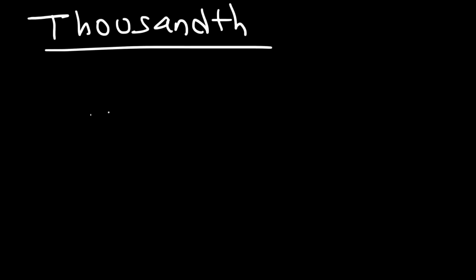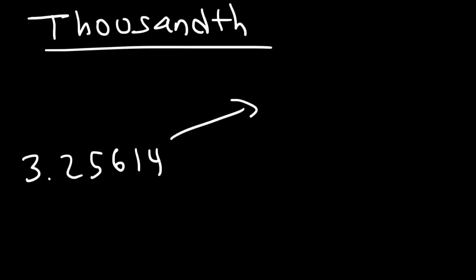Now what if we wanted to round to the thousandth place? So let's say we have the number 3.25614. So round it to the nearest thousandth. So this is the thousandth place. We know this is the tenth.